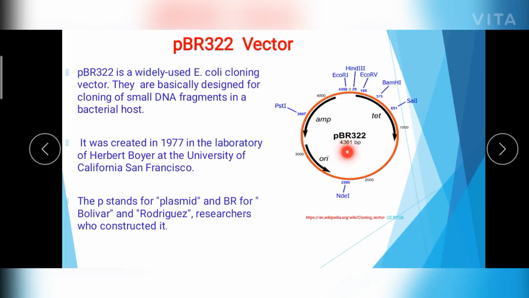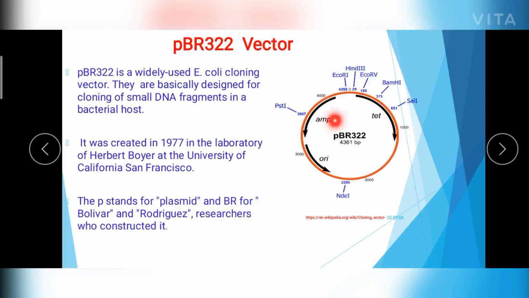So if you see this plasmid, the size is 4,361 base pairs, and it has an origin of replication which helps for the autonomous replication of the plasmid, and it contains a polylinker site containing nearly up to 20 unique restriction sites, and 2 marker genes.